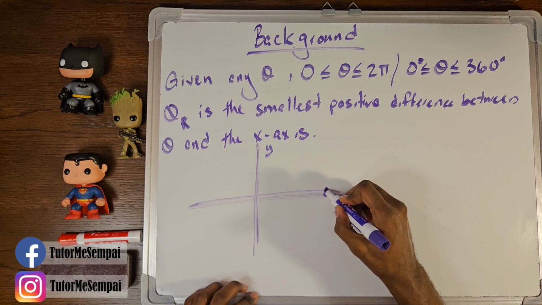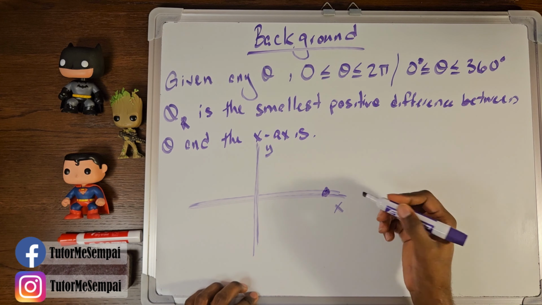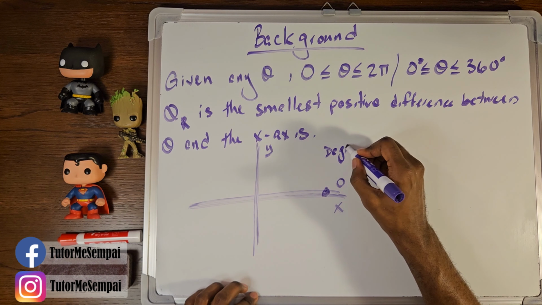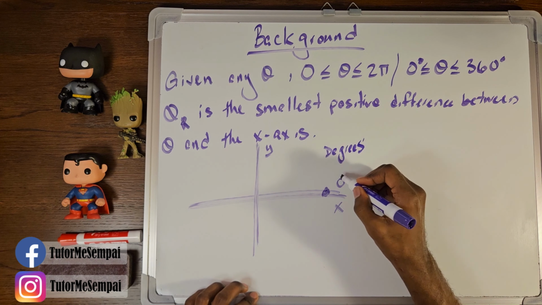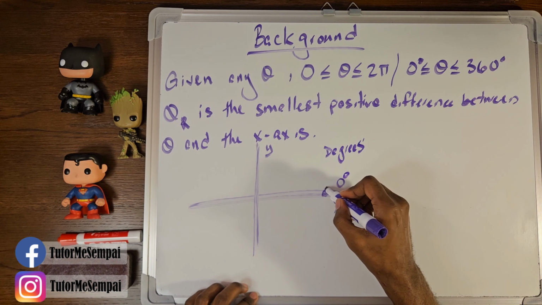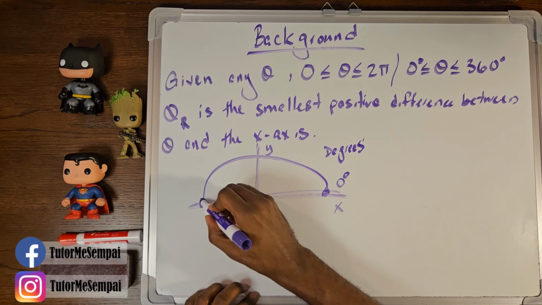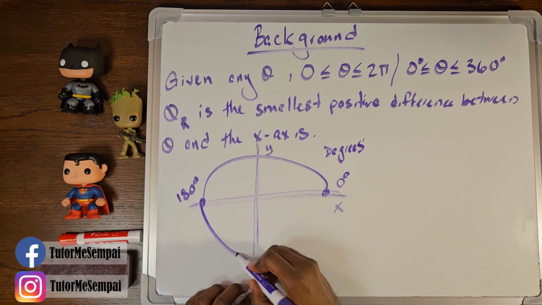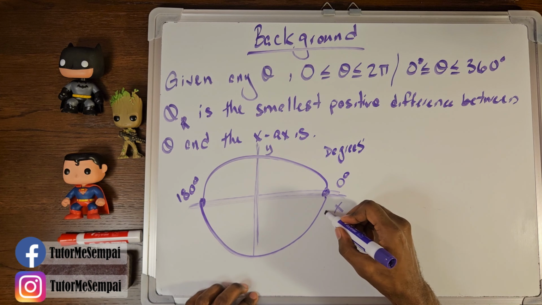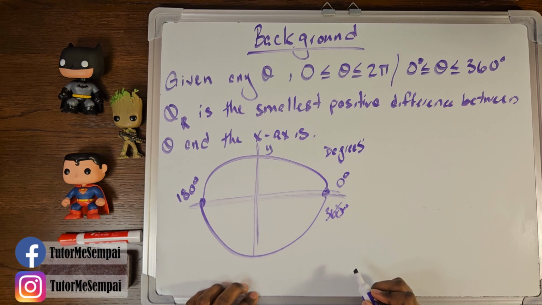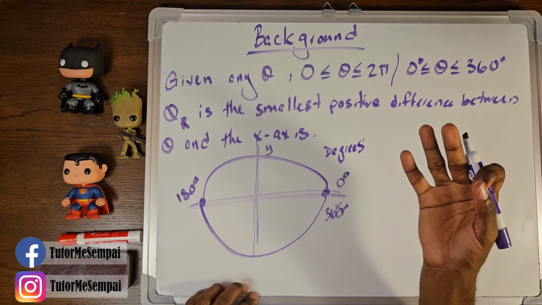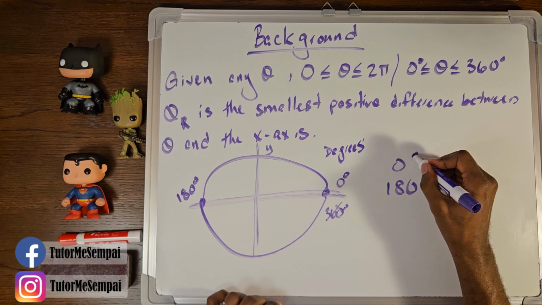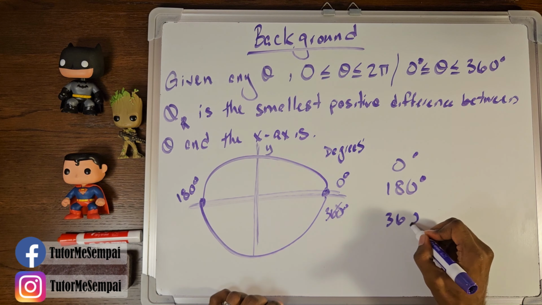You're starting here, and this is our 0 degrees. If you travel all over here, this is our 180 degrees. And if you go all the way back, we're at our 360 degrees. So we have 3 possible values in degrees: 0, 180, and 360 degrees.